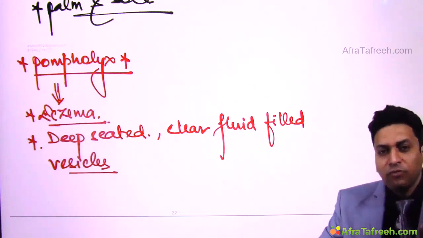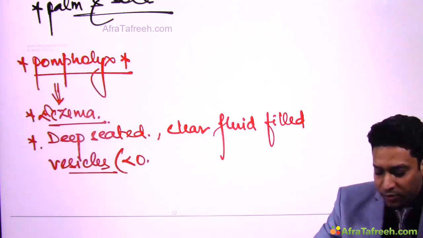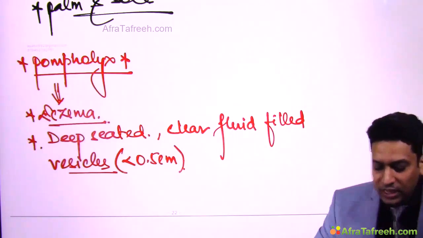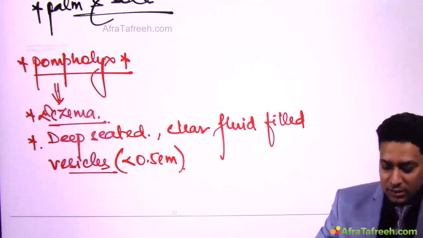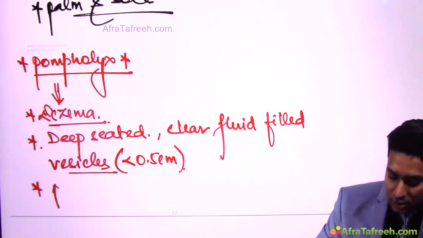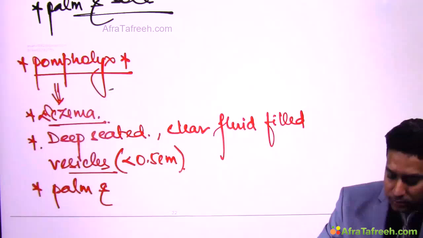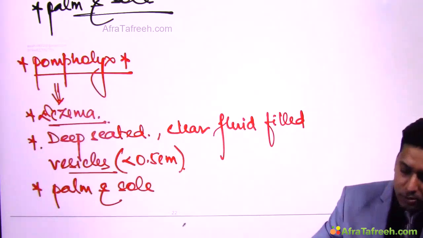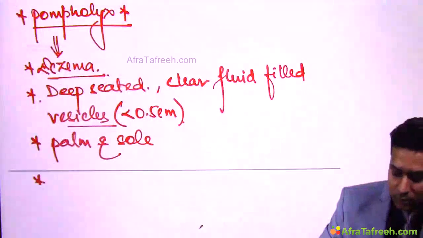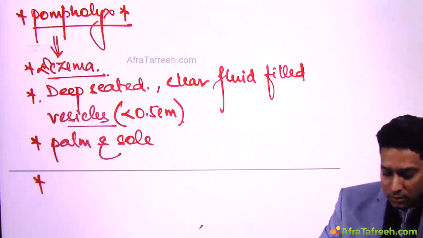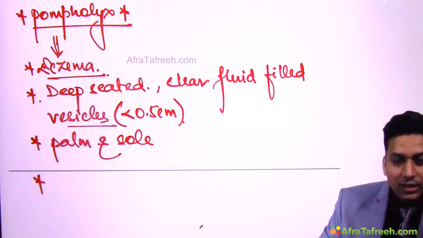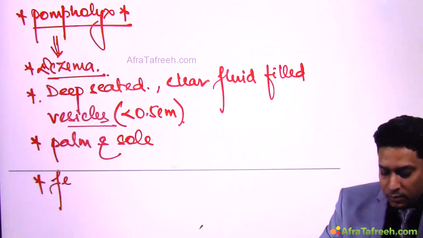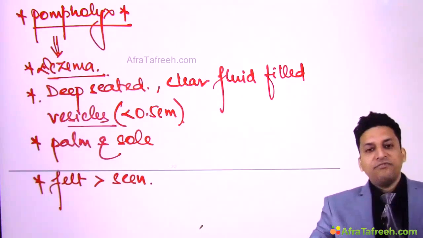Vesicles are very small fluid-filled lesions, generally less than 0.5 centimeter in size. They are better felt than seen.